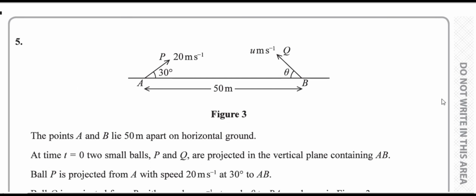Question 5. The points A and B lie 50 meters apart on a horizontal ground. At time t equals 0, two small balls P and Q are projected in the vertical plane containing AB. Ball P is projected from A with speed 20 meters per second at 30 degrees to AB.